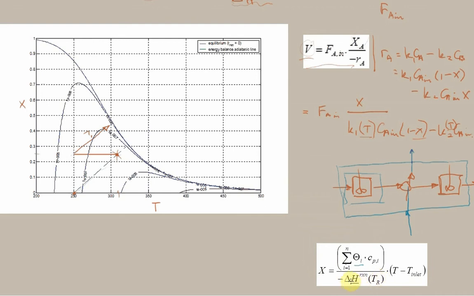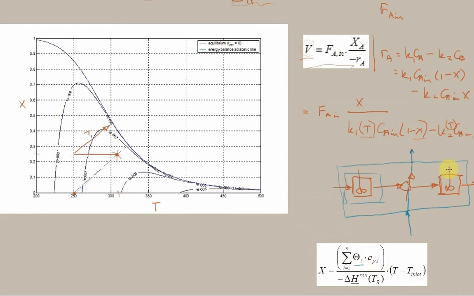So of course the heat of reaction we are taking as a constant. We are saying that the delta Cp is small enough that we can ignore that part. So we are taking heat of reaction as a constant, which means that the only thing that could change the slope of the line is this sum of theta_i Cp_i.